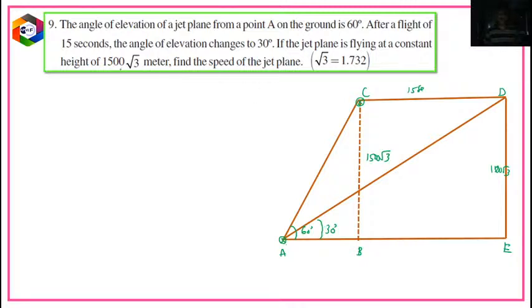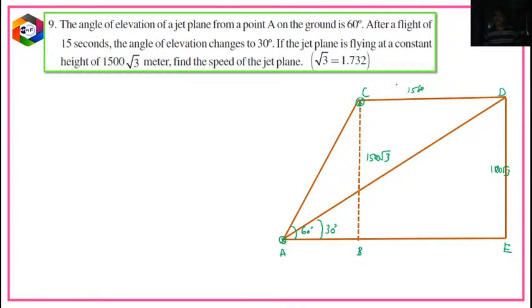In both cases, that means after 15 seconds also, the jet plane is flying at a height of 1500 root 3 meters only, so what will be the speed of the jet plane? To calculate the speed, we have the time, 15 seconds.